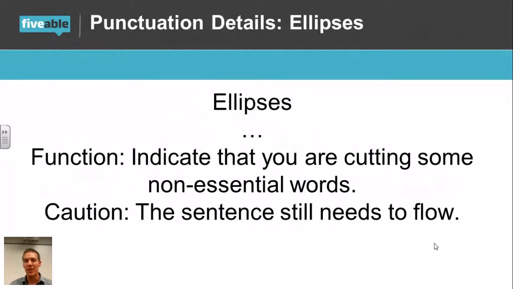The function of ellipses, and it's just 3 periods in a row, you've seen them if you don't know the word, is to indicate that you, as the writer, are cutting some non-essential words of the person you're quoting. But here's my caution when you use ellipses. The sentence still needs to flow. Again, the test is this. If you read the sentence out loud, does it still sound good? Like, does it still flow? Would the person you're reading it to even know you used an ellipsis? And if so, that's when you know you've done it effectively.